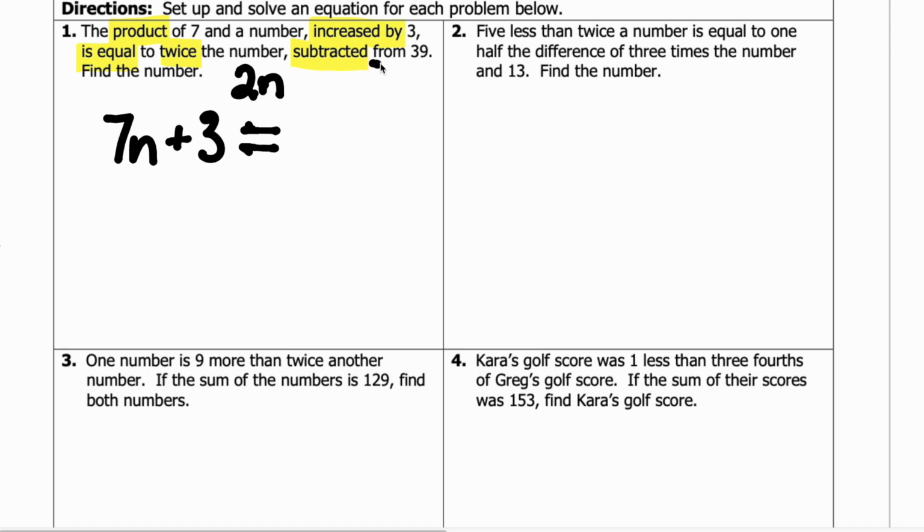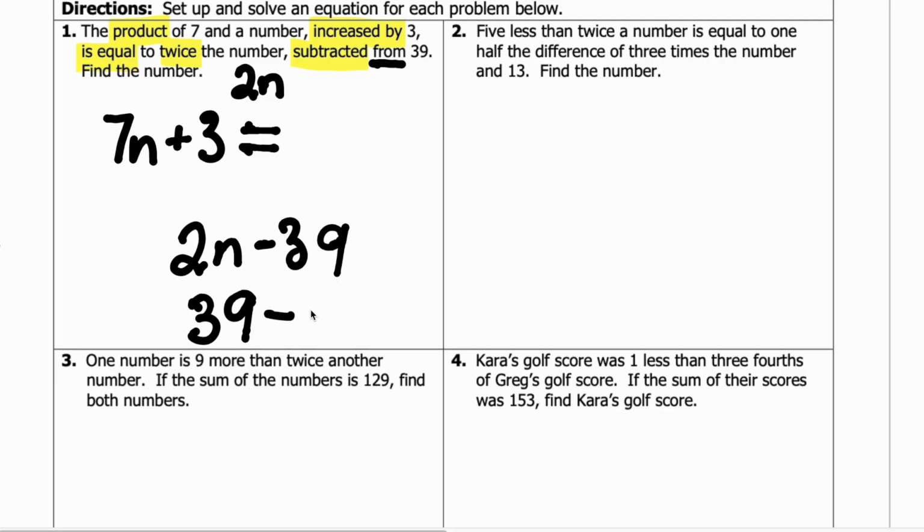This is where I see so many of my students get confused. It's saying that 2n is being subtracted from 39, not 39 being subtracted from 2n. Many people will go ahead and put 2n minus 39, but that's not what they're saying. They're saying subtracted from 39, so 39 has to be first, and then we're subtracting the 2n from 39.